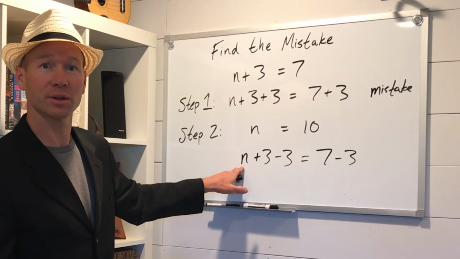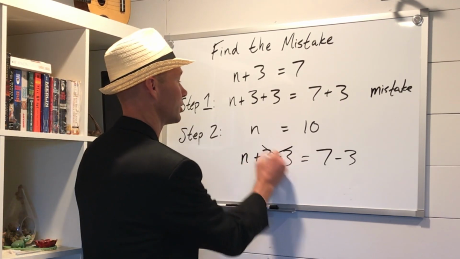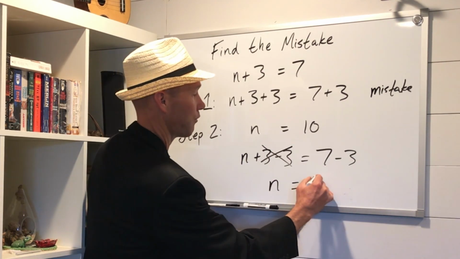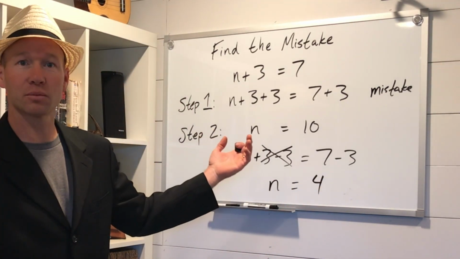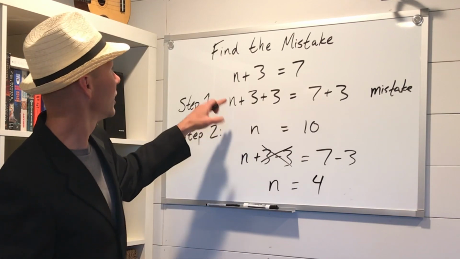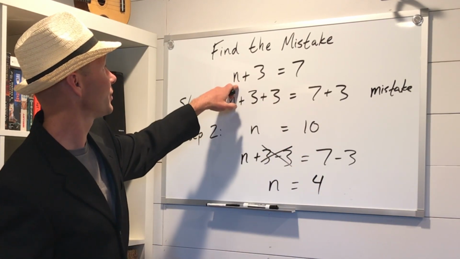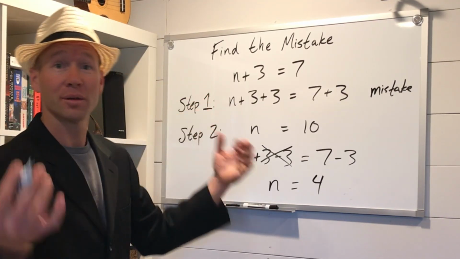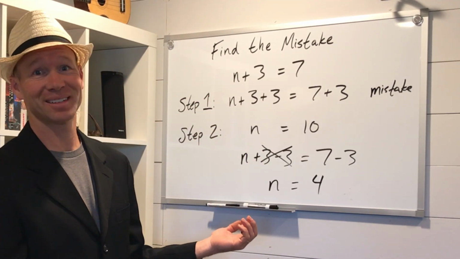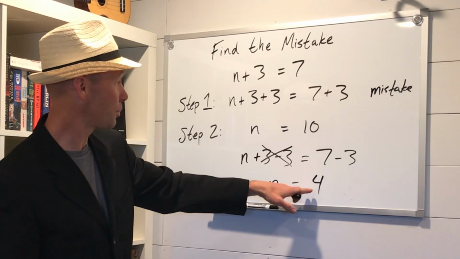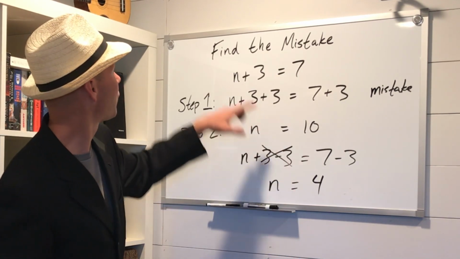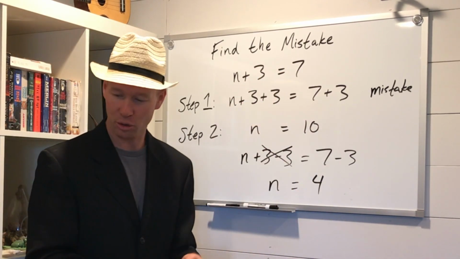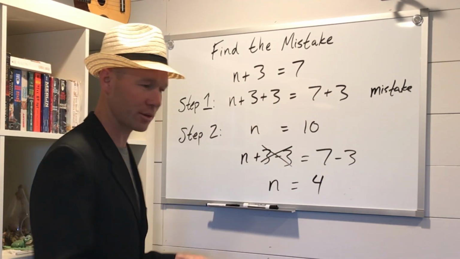Because this positive 3 and this negative 3 cancel each other out. So I get n equals 4. And we can just check our work. If I did put 10 in for n, 10 plus 3 equals 7. Well, 10 plus 3 equals 13, not 7. Not going to work. If I put a 4 in, 4 plus 3 equals 7. Yes, that is correct.